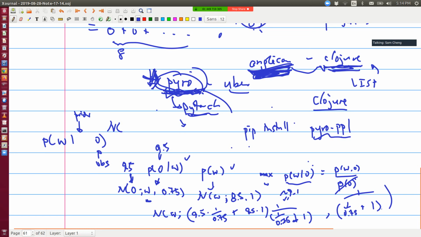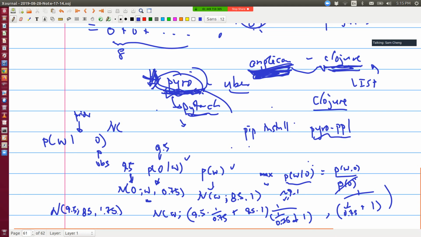And we even know what the weight there is. The weight is basically the difference between 9.5 and 8.5, right? And the variance, the sum of them, is 1.75.